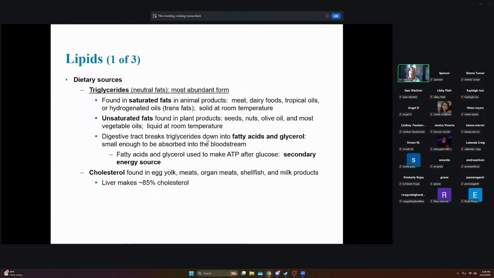And there are two of them when it comes to fats, if you recall, either fatty acids or glycerol. Those are the two monomers that are small enough to pass through the small intestine into the bloodstream. Okay. And then fatty acids and glycerol can be used as that second grab, like I described previously, when our body needs ATP and has run out of glucose.